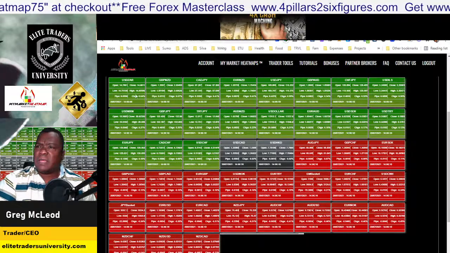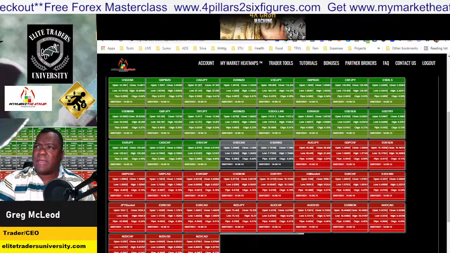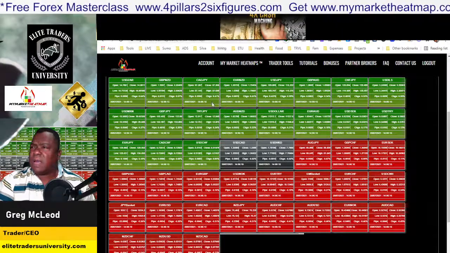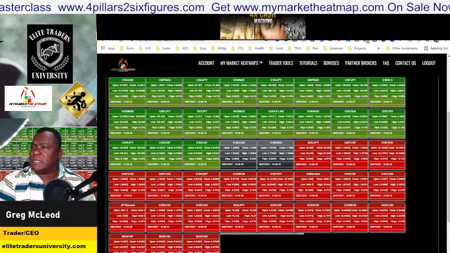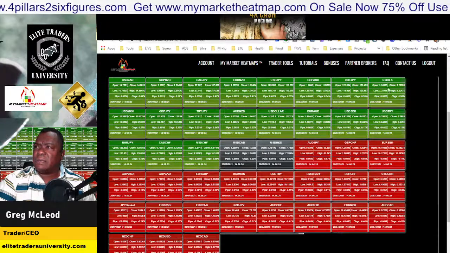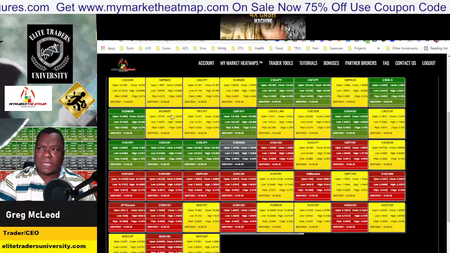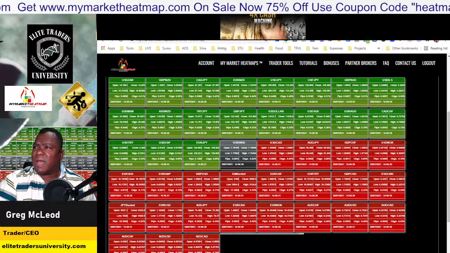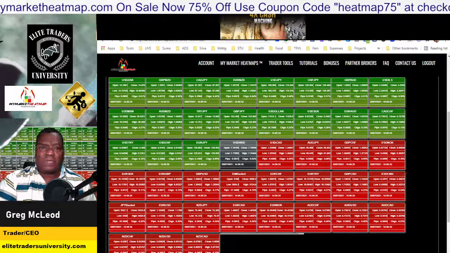We see the dollar South African rand, pound Kiwi, CAD yen, euro Kiwi up slightly. Pound Aussie and Swiss yen. So basically, we have a mixture. We have some dollar pairs at the top, some risk-on currencies at the top, some risk-off currencies at the top. So it's a real jumble.